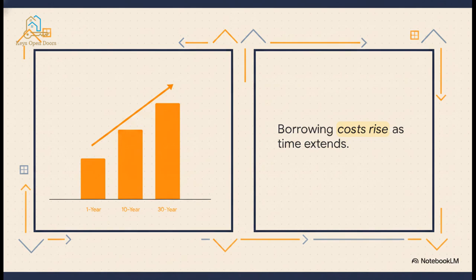Just look at that steady staircase climb from the 1-year to the 10-year to the 30-year nominal yields. It proves that, generally speaking, borrowing costs rise as time extends. It makes sense, right? Investors absolutely demand a higher return to compensate for the uncertainty of parting with their money for 3 entire decades compared to just 12 months.